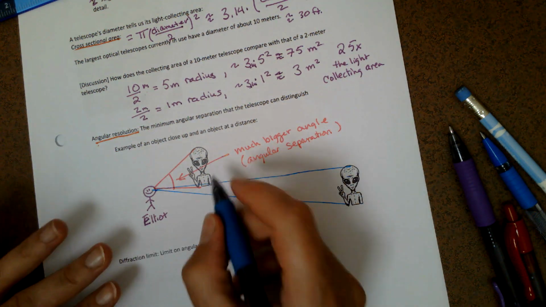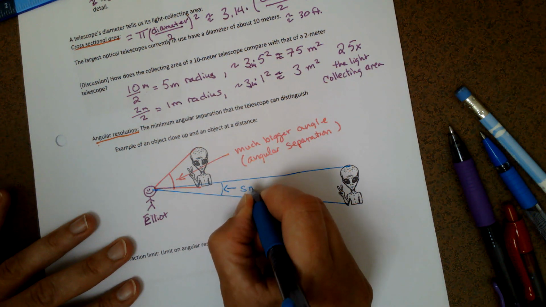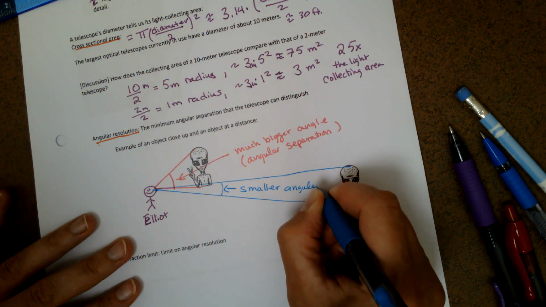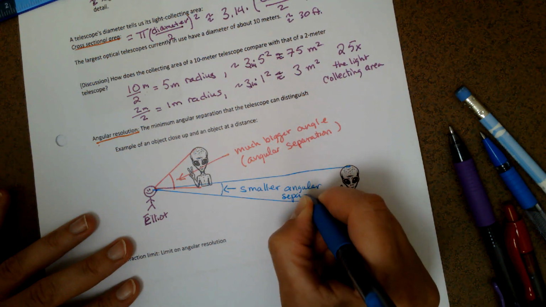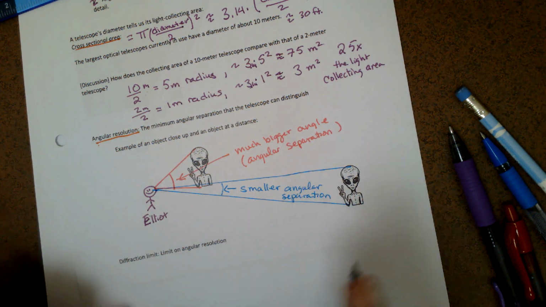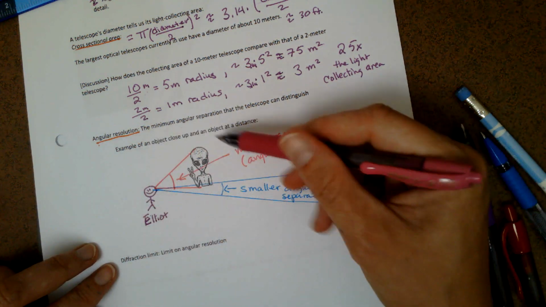Whereas this one over here is a very little angle, or a much smaller angle. So angular resolution connects back to the minimum angular separation that the telescope can resolve. These are the differences in angular separation.